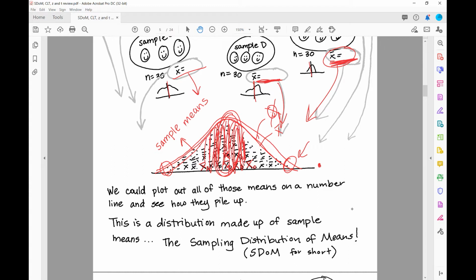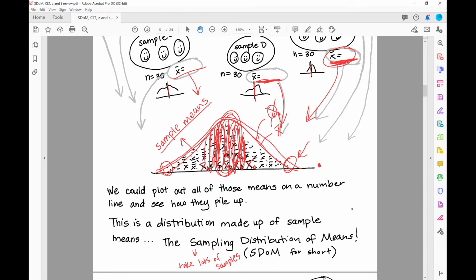So this distribution is made up of sample means, and so this is what we call, it's got that special name, the sampling distribution of means. The sampling just means take lots of samples.